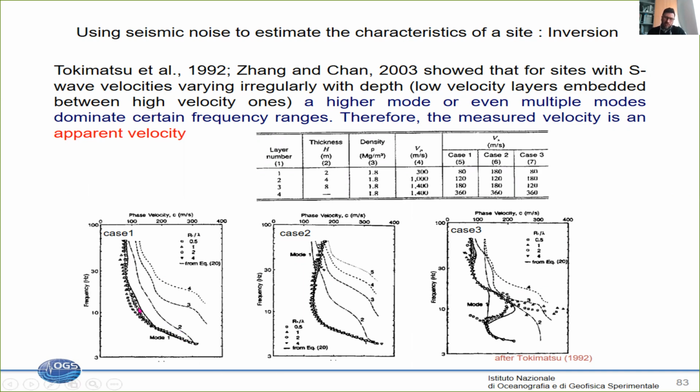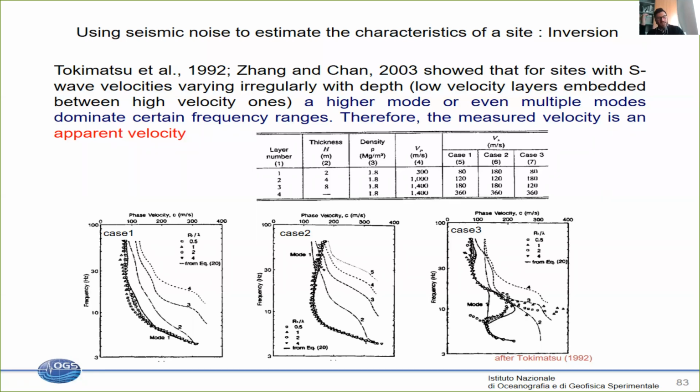It can happen that also in the low frequency part, what is dominating is no longer the fundamental mode, but the first mode. So you can have a mixture of modes, and this can be strongly misleading. The first mode becomes dominant also where you generally would expect the fundamental mode to be more important.